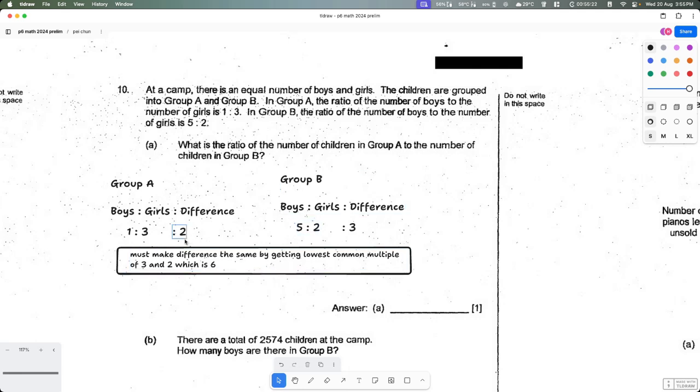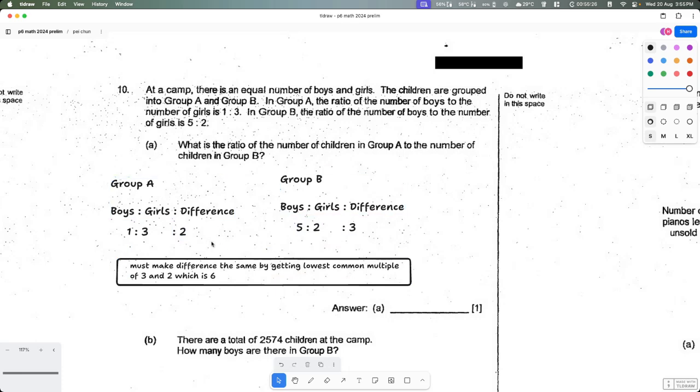This one we multiply by 3, and we do this for everything else. This one we multiply by 2. So the difference is 6 in both group A and B.